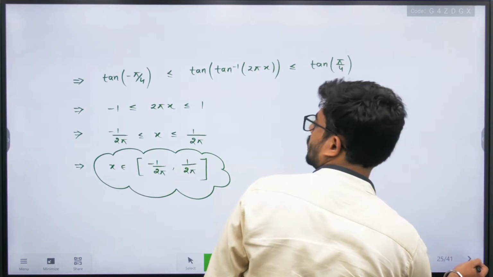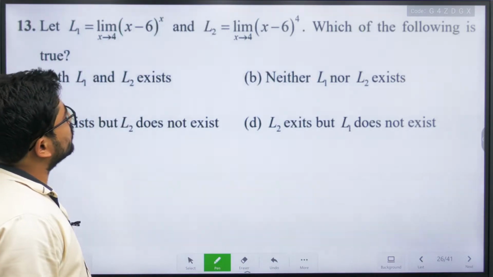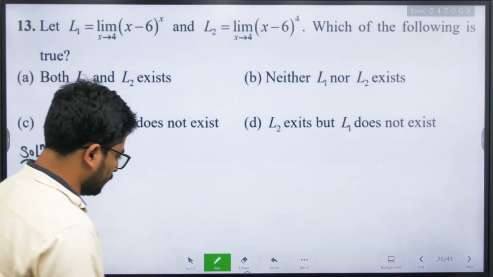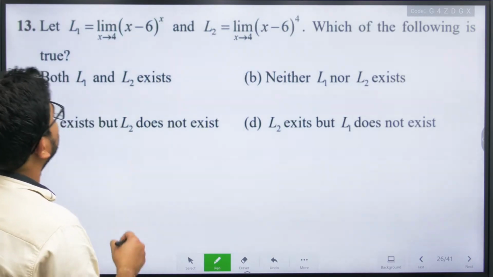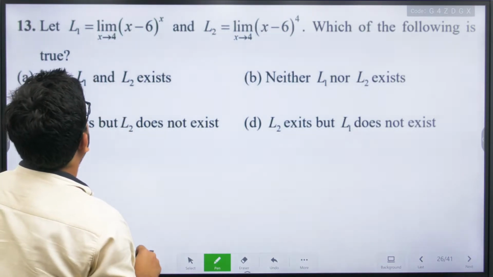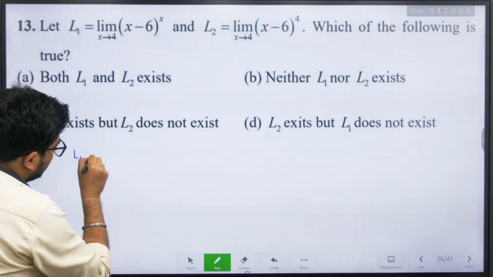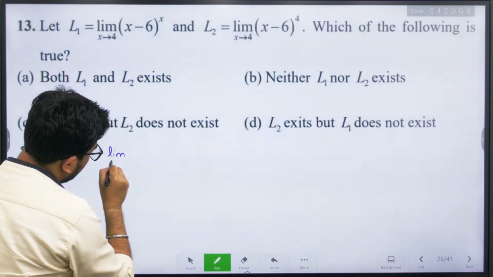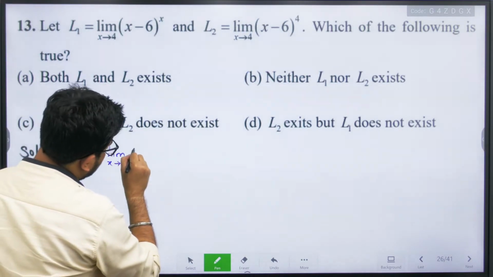Now let's do the next one. Let L1 be equal to this and L2 this. Which of the following is true? Okay, no problem. So, sir, for this one, L1 is limit x tends to 4 of x minus 6 to the power x.